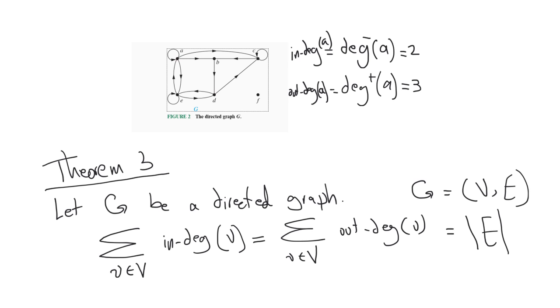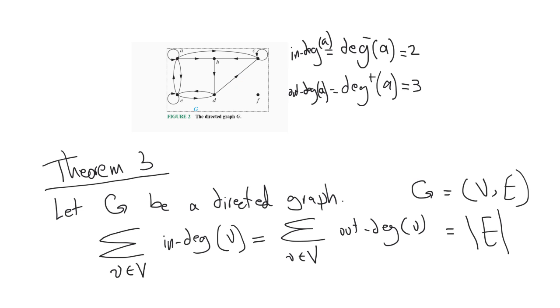That's because each directed edge, when you count the total in degrees, contributes exactly 1 to its terminal vertex.